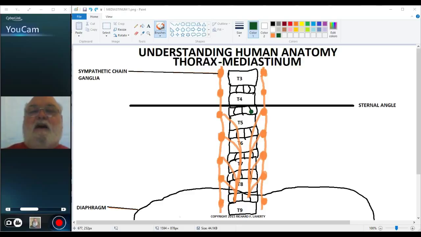The thoracic duct is the largest lymphatic vessel in the body, and it is carrying lymph from everywhere in the body below the level of the diaphragm. And in its course, it will receive the lymph from the thorax and head and neck on the left side of the body.